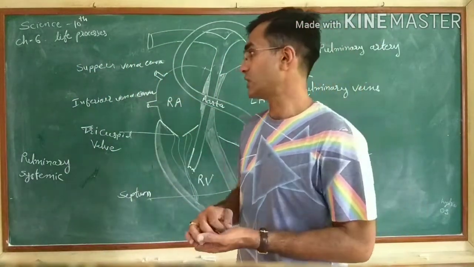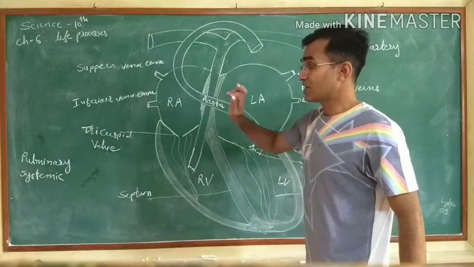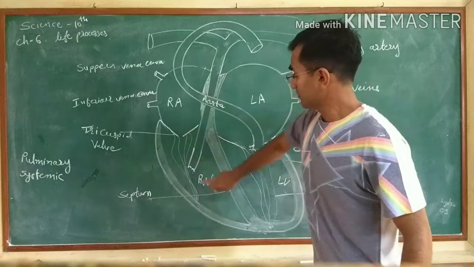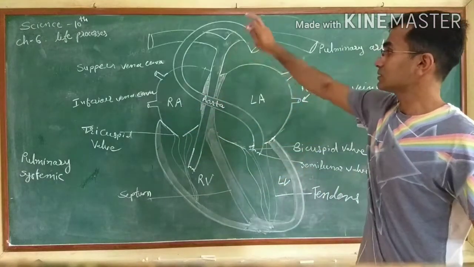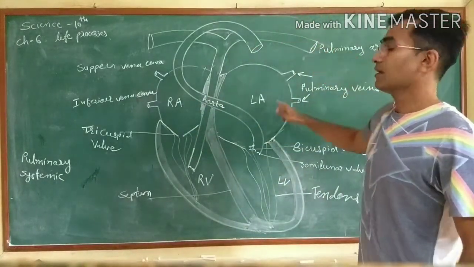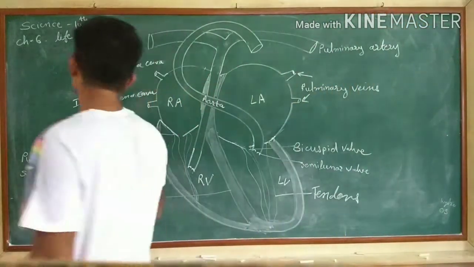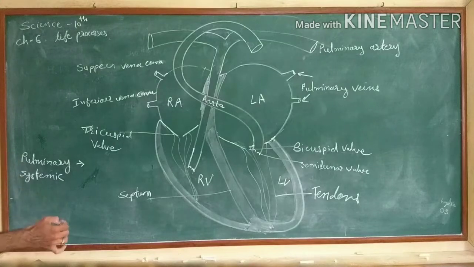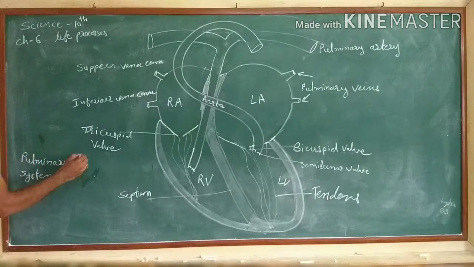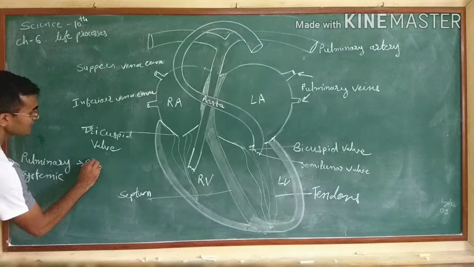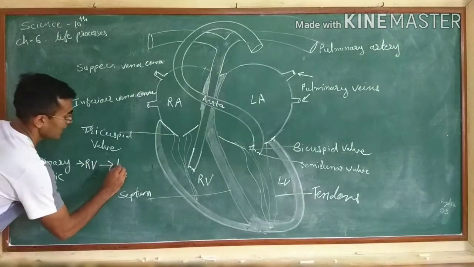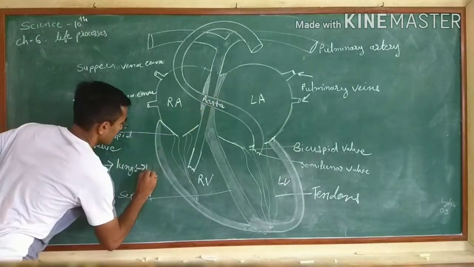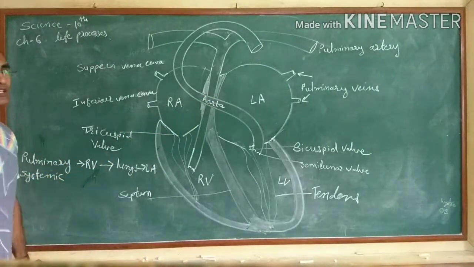In the pulmonary circulation, the blood journey will get started from the right ventricle to the lungs and left atrium. So we will write for understanding. Pulmonary circulation is a kind of circulation in which blood will flow from the right ventricle to the lungs and to the left atrium. This is one kind of circulation.